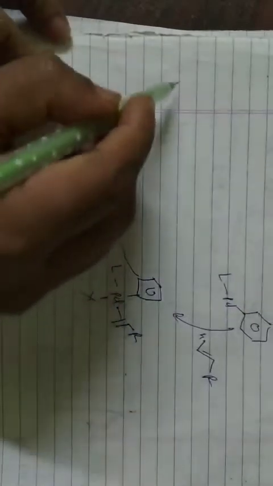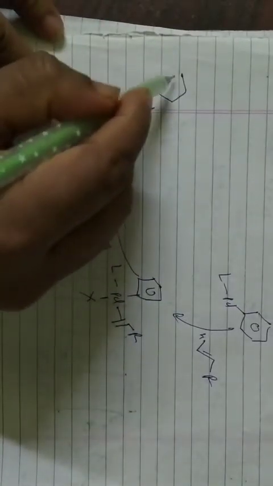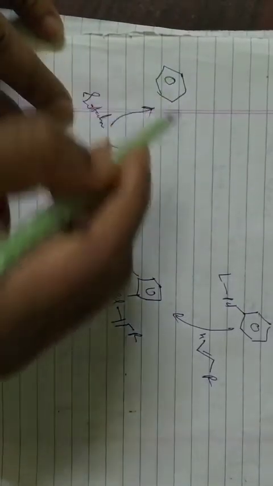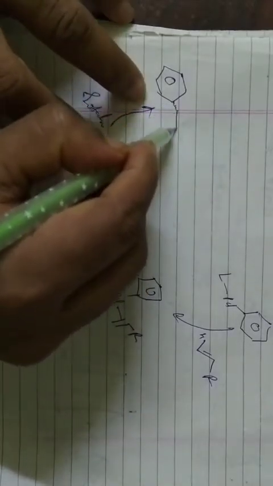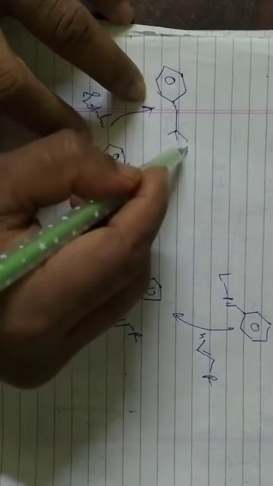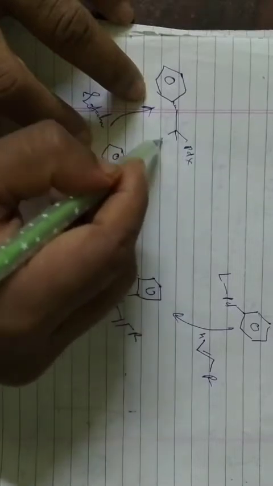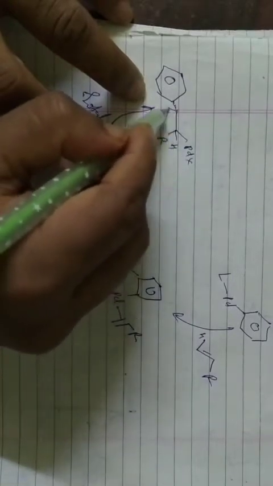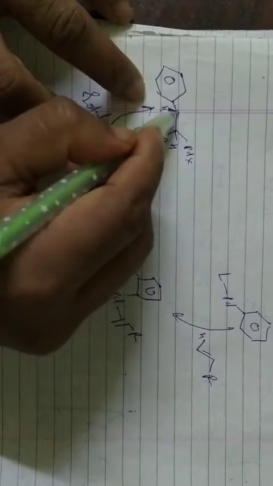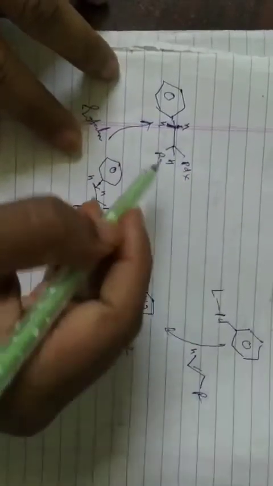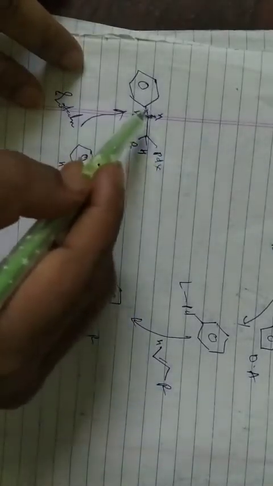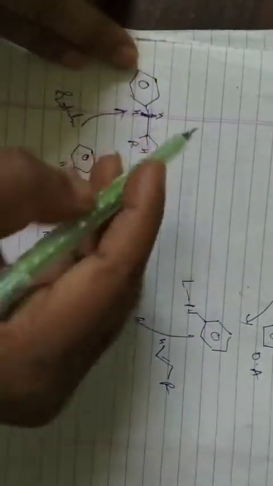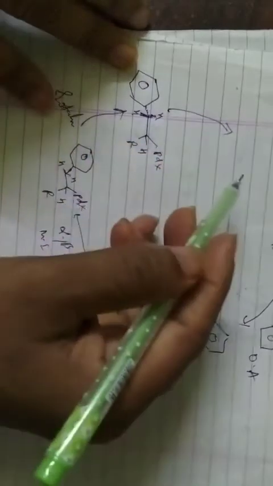This gives easy formation for the elimination process, so you are going to get something in this way. This is your palladium, this is your R, H, H, H like this. This compound is the same as before, but after rotation it becomes very easy for elimination now.